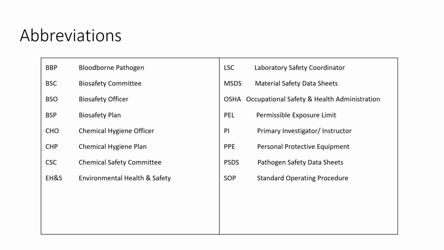PPE is personal protective equipment, so that includes gloves, goggles, lab coat, all that type of stuff that's going to protect you against exposure to chemical hazards or biohazards. Pathogen safety data sheets, or PSDS, give more information about different types of organisms that are used within a research lab.